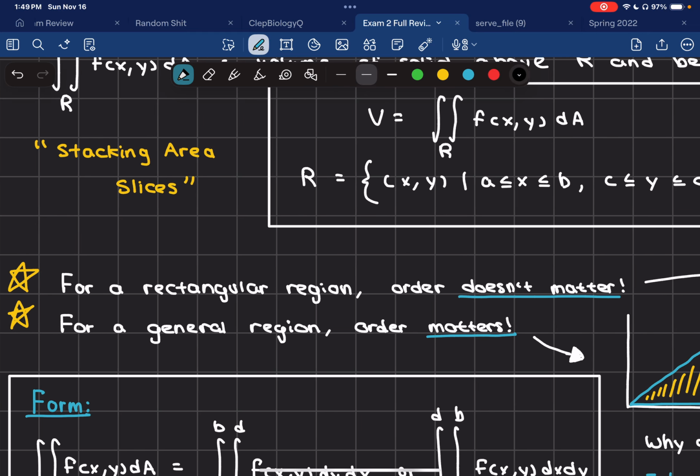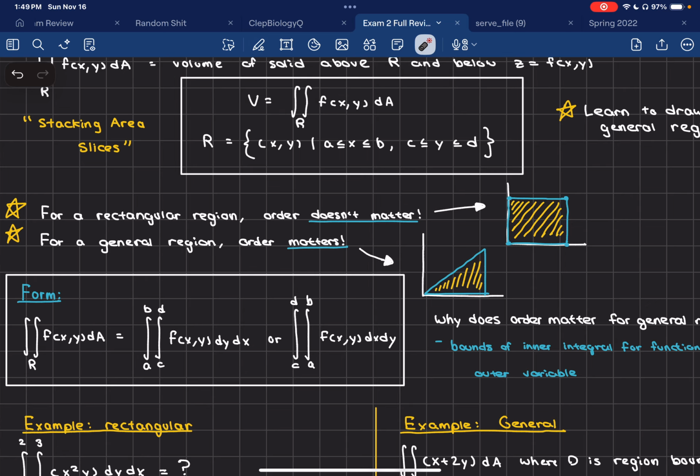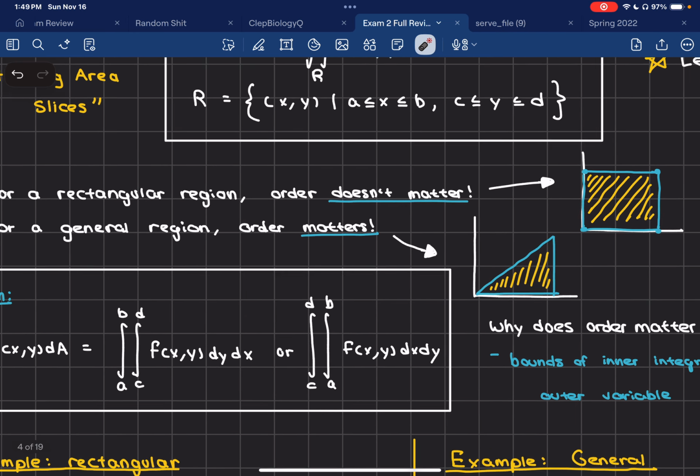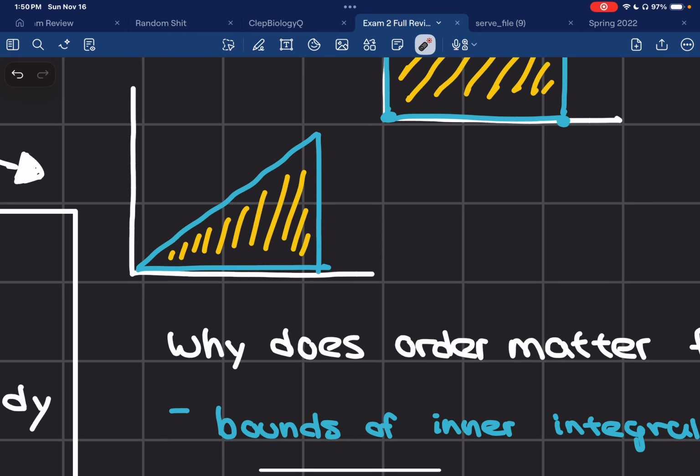Okay, so here's something super important to know. When you're taking the double integral over a rectangular region, order doesn't matter. As you can see in this case, x can go from here to this point, y goes from this point to this point. But in a general region, order does matter, because now x can go from this line to this line, and y can go from this line to this line.